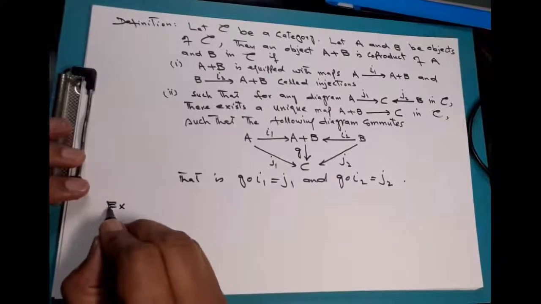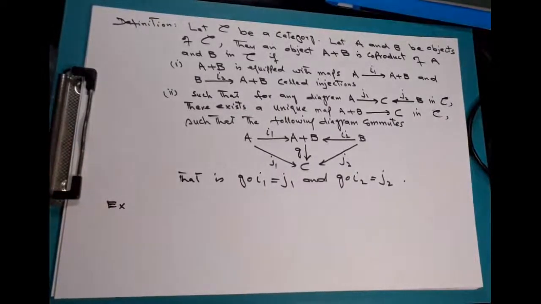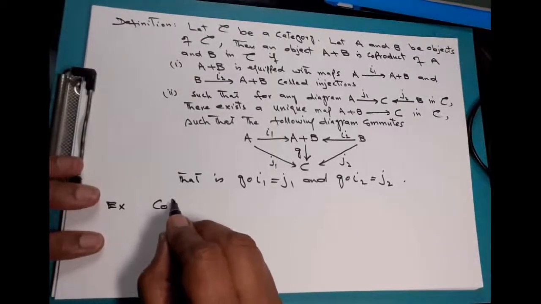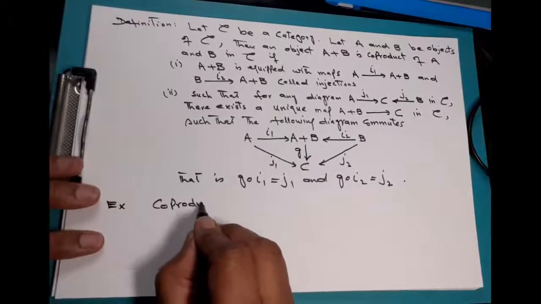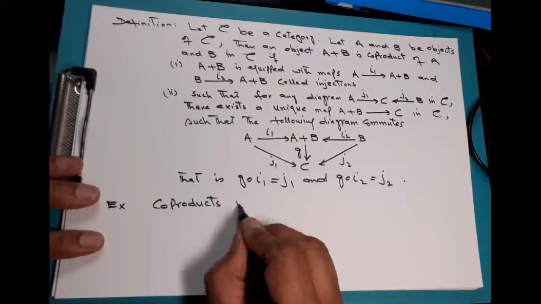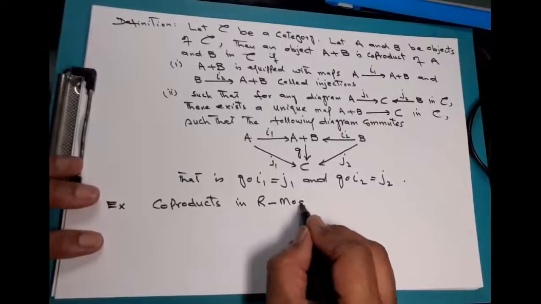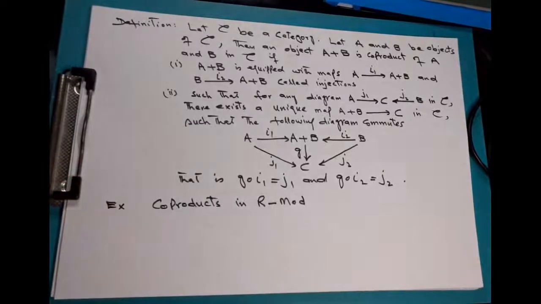Let's see what are co-products in the category of left R modules. So co-products in R-Mod. Remember that in our previous session we discussed products in the category of left R modules.